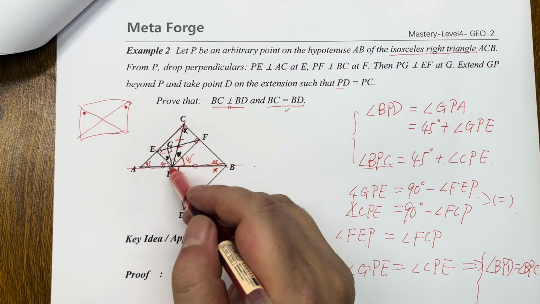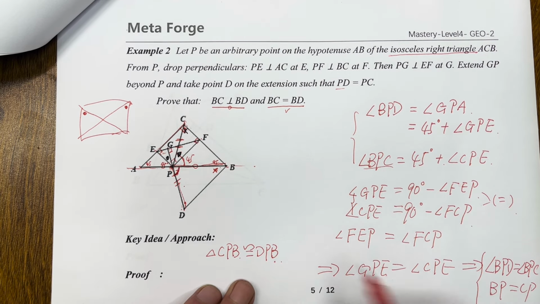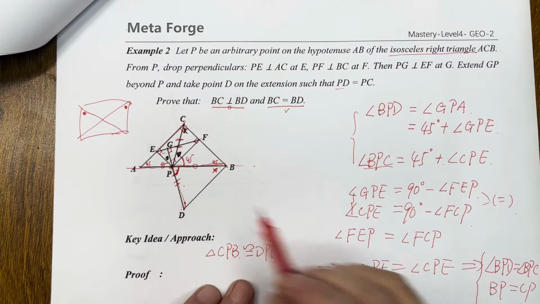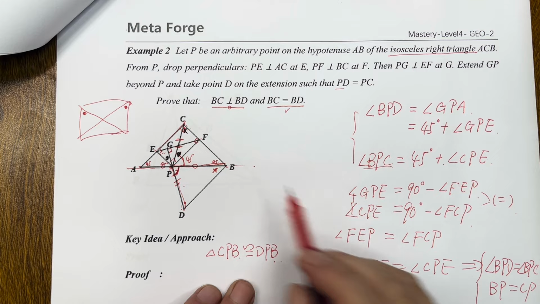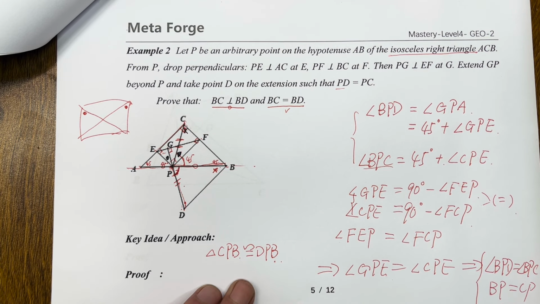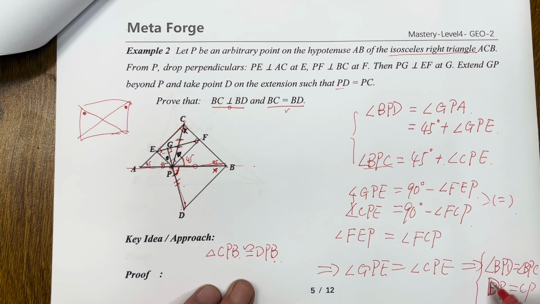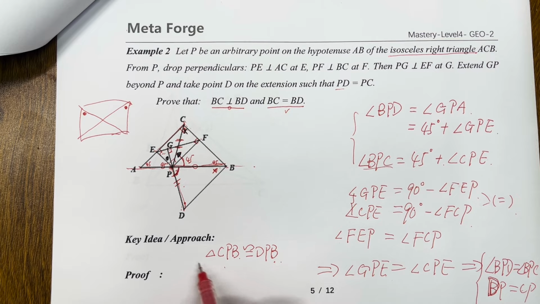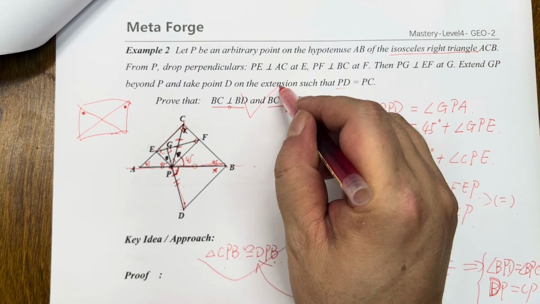With the given condition, BP equals CP. With the common side, BP equals BP. CP equals DP, okay? So this triangle relationship is proved. Then the conclusion is proved.